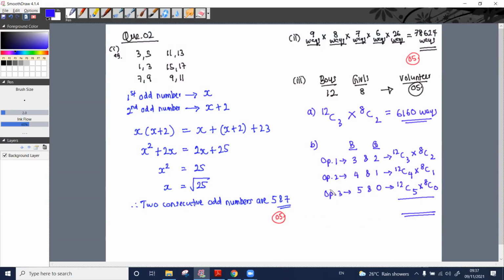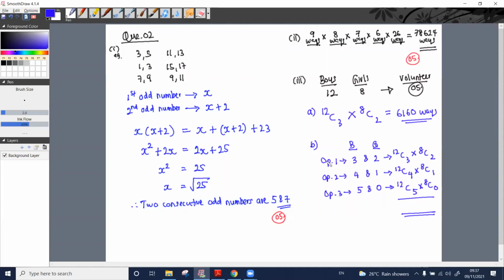So what should be the final answer? 12 C 3 into 8 C 2, plus 12 C 4 into 8 C 1, plus 12 C 5 into 8 C 0.